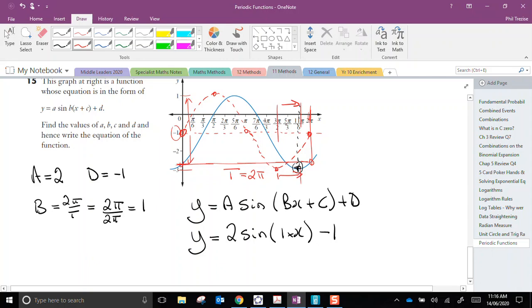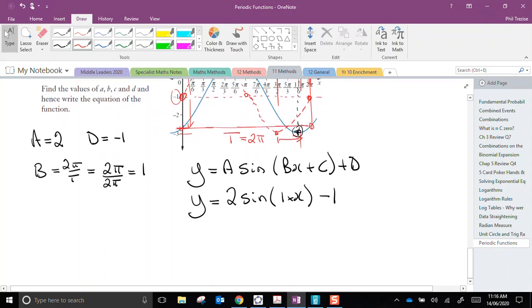Each of these steps is pi over 6, so it's 2 pi over 6 or pi over 3. And it's to the right. If I wanted to shift this function to the right, I would have to subtract, and the amount is pi over 3, and I still have that minus 1 shift. That is going to be my formula.